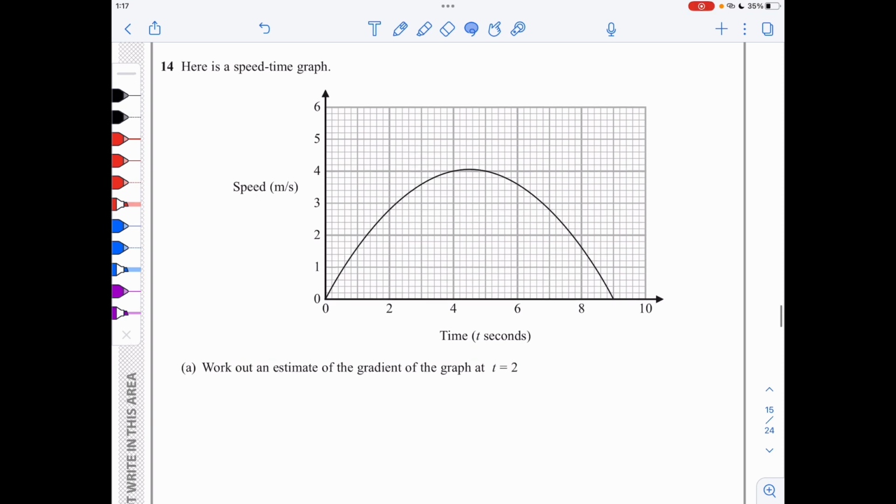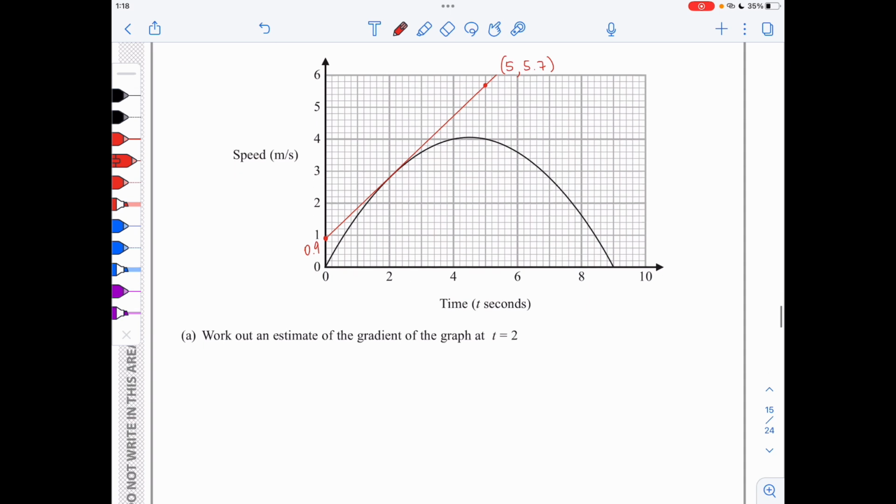In 14, we've got a speed time graph, and we are asked to work out an estimate of the gradient at t is 2. So at this point here, we draw a line that just touches, and we identify 2 points which we're going to use to find the gradient. This point here has coordinates 5, 5.7, and the cut here on the y-axis is at 0.9.